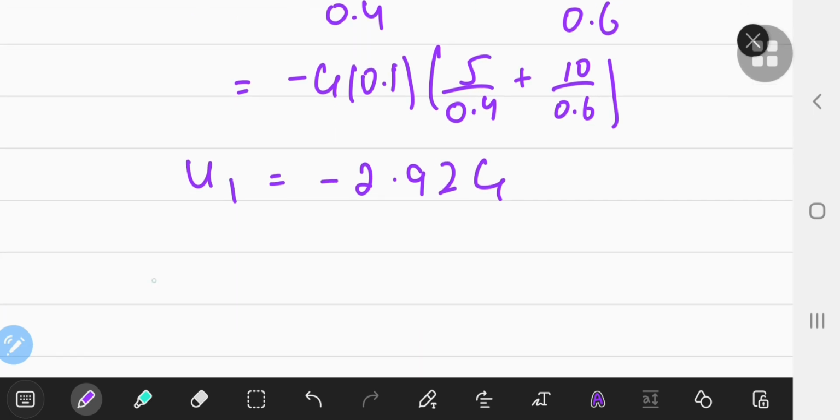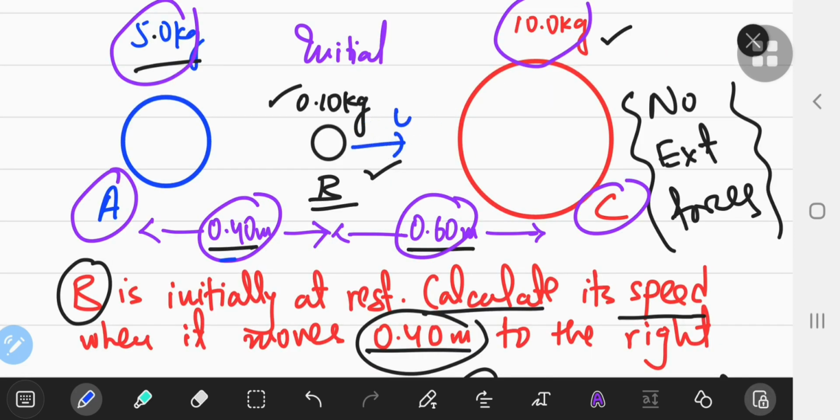So next up, we have the gravitational potential energy at its new position, that is when it moved 0.4 meters to the right. And once again, let me look at my diagram. So it moved 0.4 meters to the right. That means the distance between the centers of B and C is 0.6 minus 0.4, which is 0.2 meters, and the distance between the centers of A and C is 0.6 plus 0.4, which is 0.8 meters.